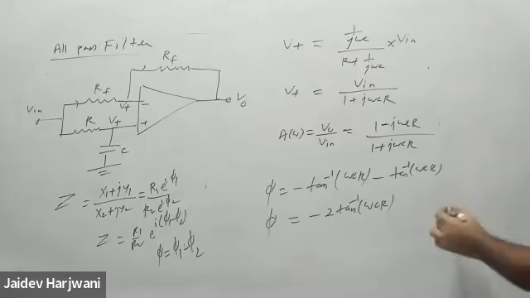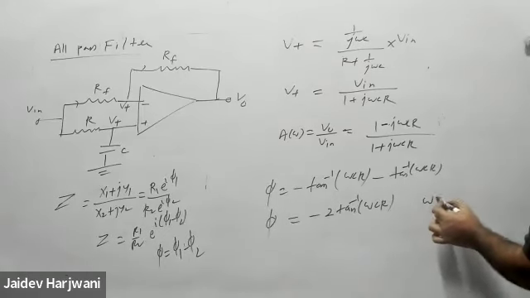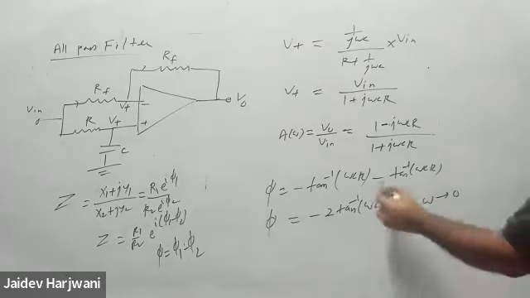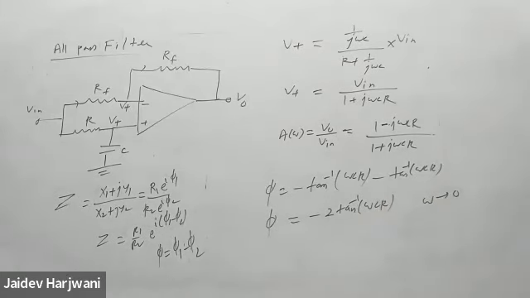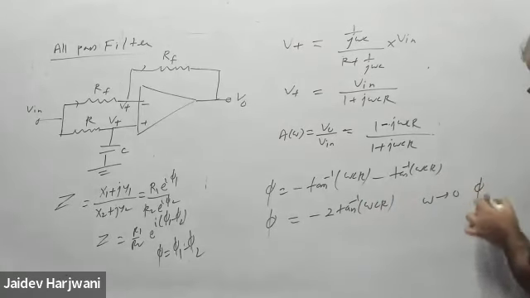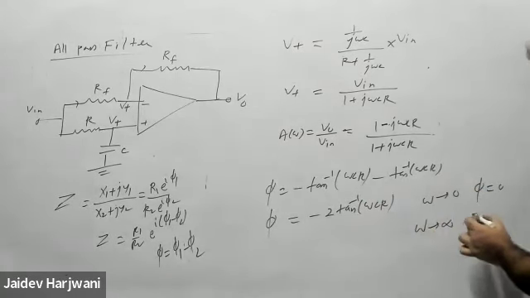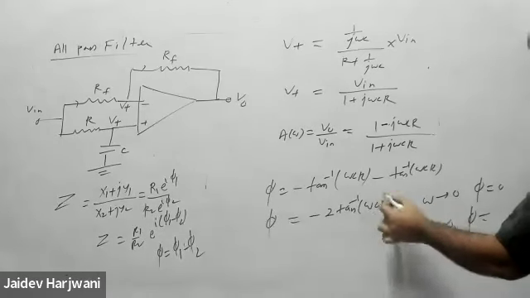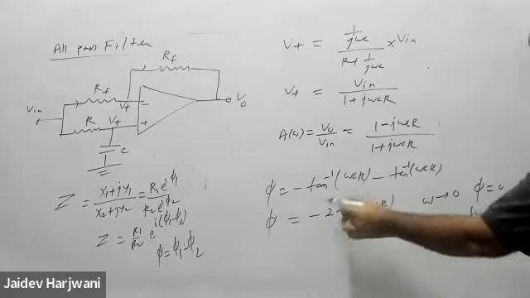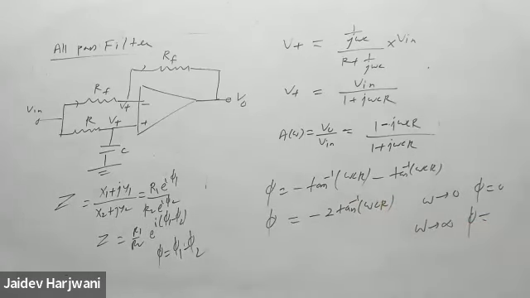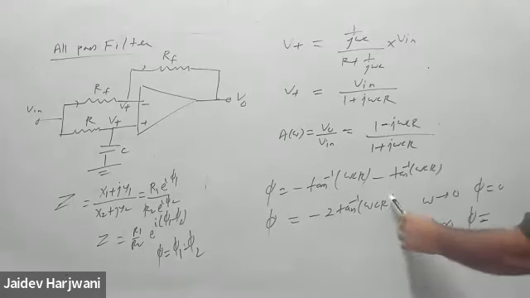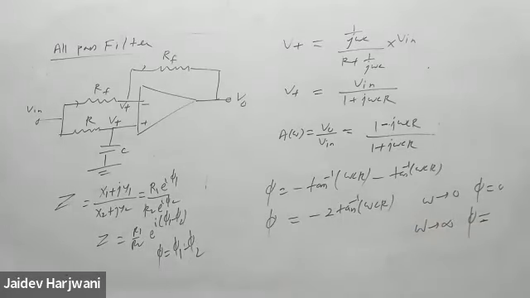And now if frequency is 0, tan inverse 0 कितना होता है? Phi 0. If frequency is infinite, phi will be pi by 2 minus pi by 4. कितना आएगा? If the frequency is infinite, tan inverse infinite is how much? Pi by 2.